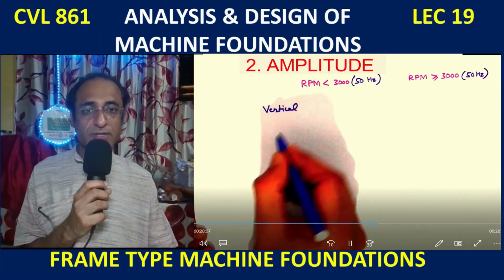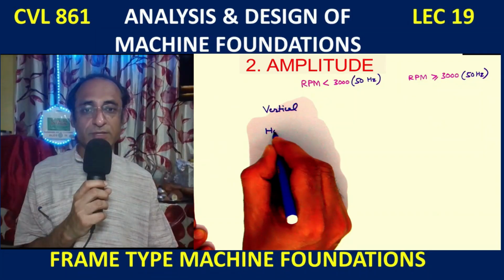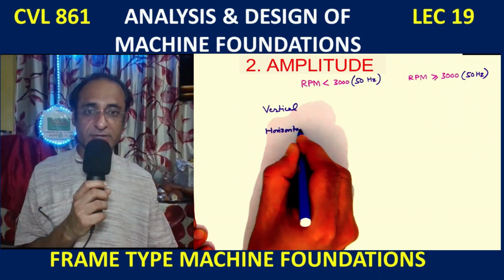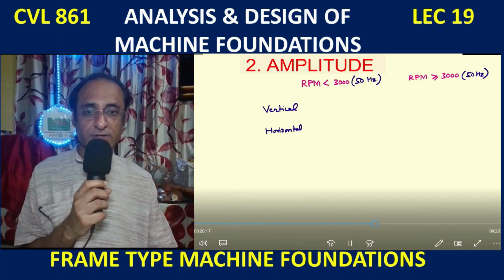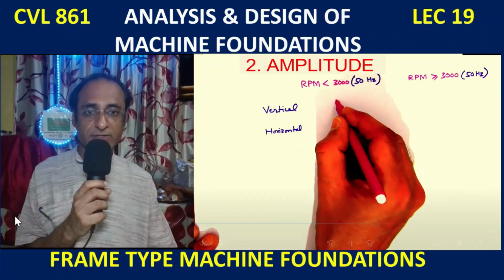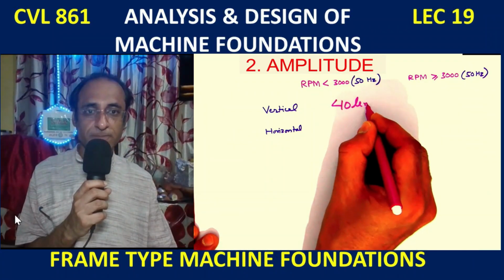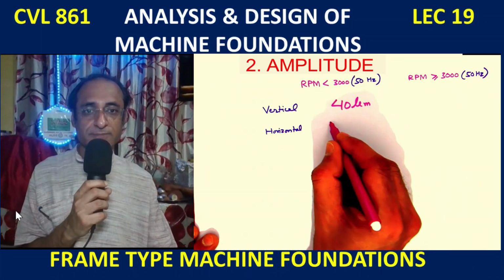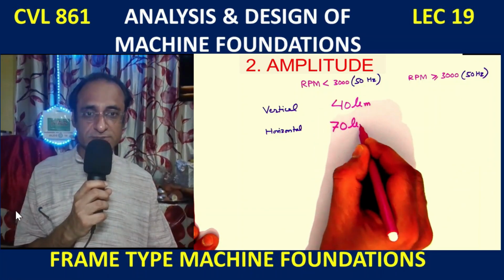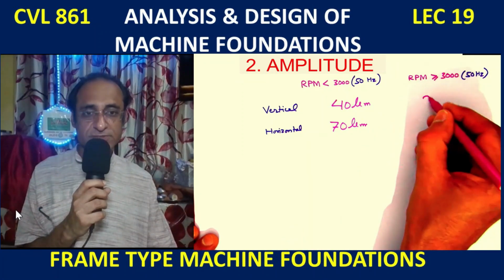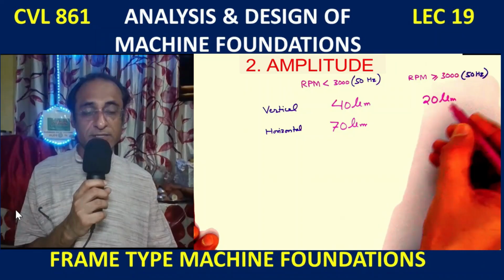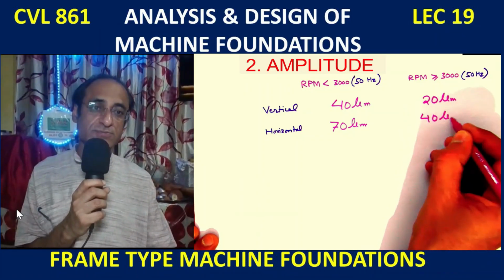next we need to specify the limitations on the horizontal and the vertical amplitudes. Here we see these in a different way, independent of each other. For the machines which are less than 50 Hertz, the vertical amplitude limit is 40 microns and the horizontal one is 70 microns, and this is reduced for the high frequency machines.